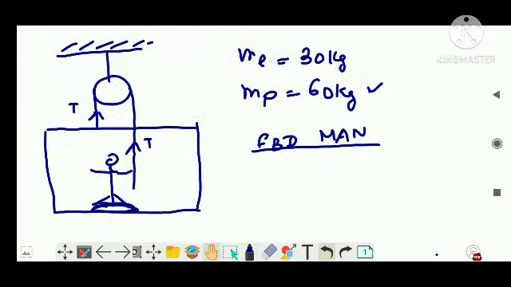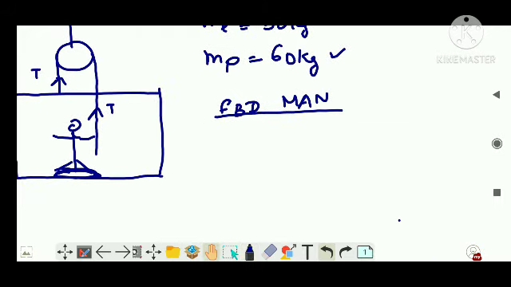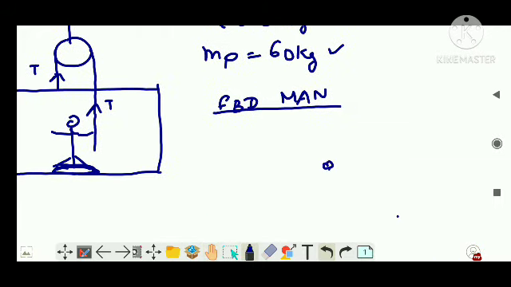So let's draw the free body diagram of the person. He is exerting 60g downwards, his weight, and the earth provides a normal reaction to him. In his hand there is a rope, there is a tension outwards. These are the only forces when you consider the man.